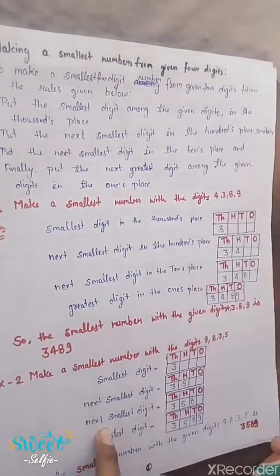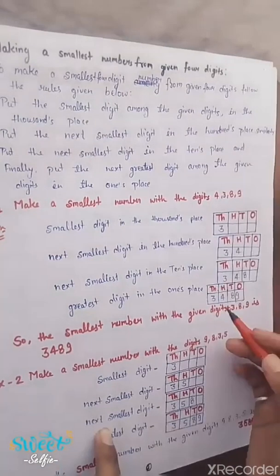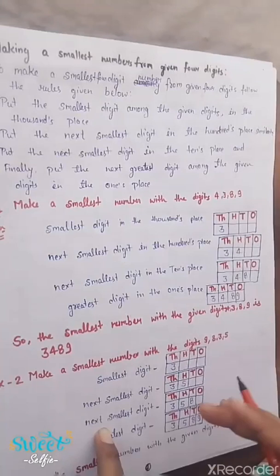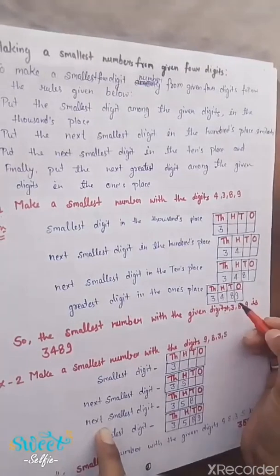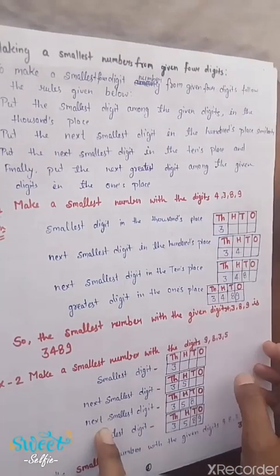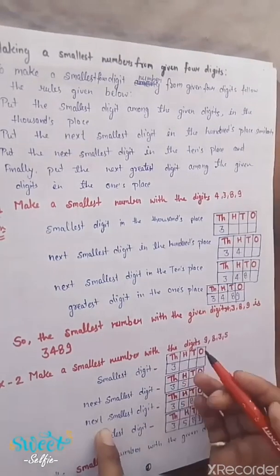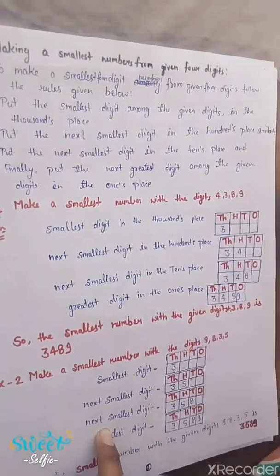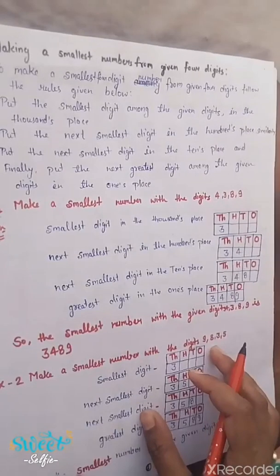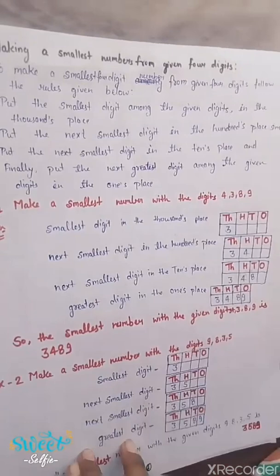So we have to write 9 at the ones place. So we can see here this is the number 3489. So the smallest number with the given digits 4389 is 3489. Okay. Look at another example.